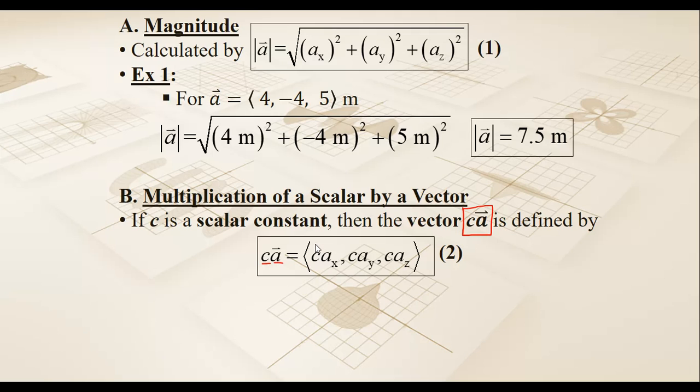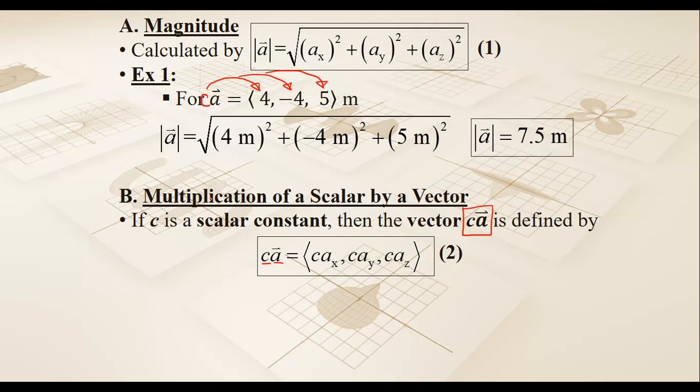So, for example, up here we have our vector A is equal to 4, -4, 5. So let's say we want to multiply this vector by C. The way I implement the C is just take the C and then multiply it by each of the components individually.